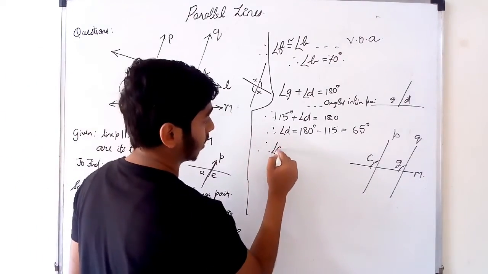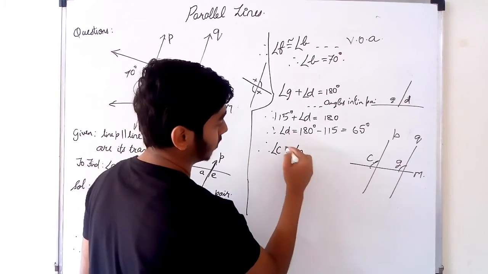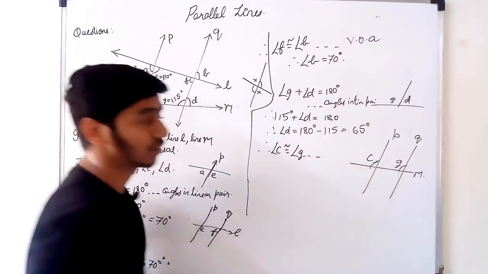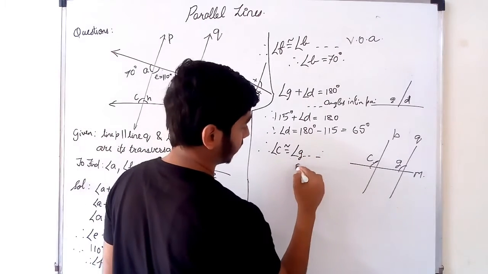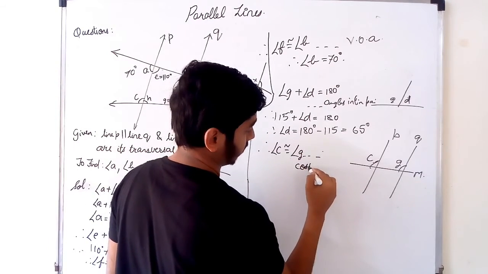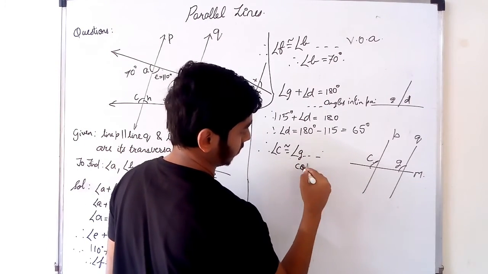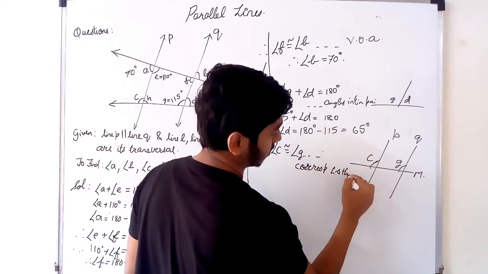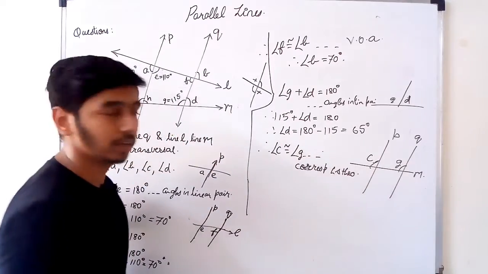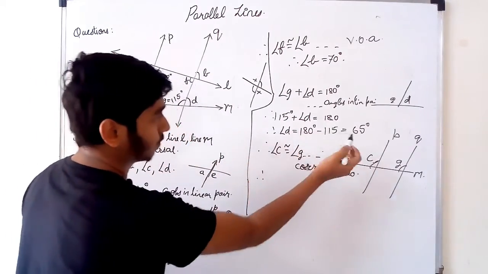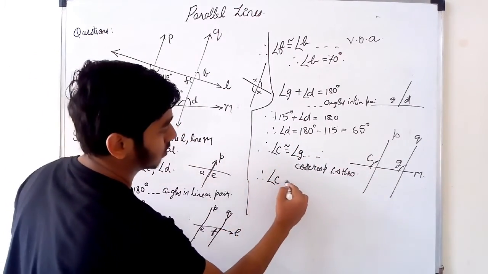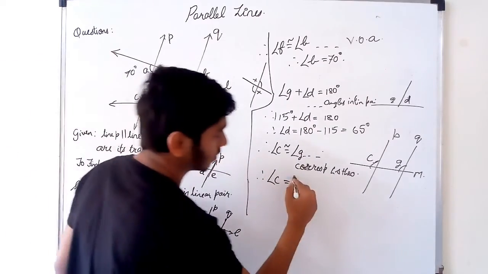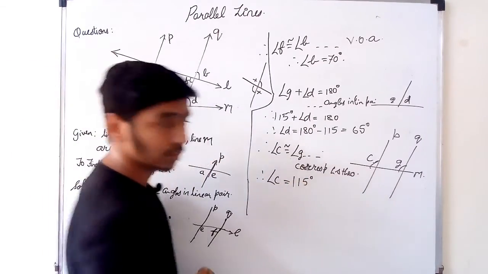Therefore we'll say angle C is congruent to angle G. Reason for this: corresponding angles theorem. Therefore angle C is the same as G, which is 115.